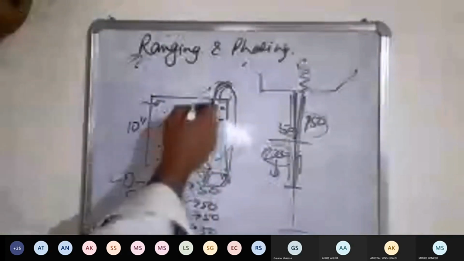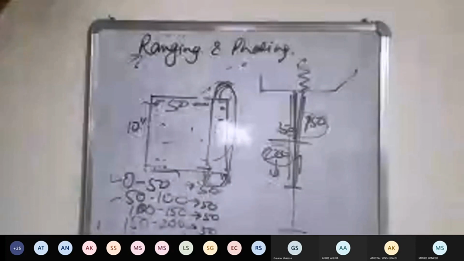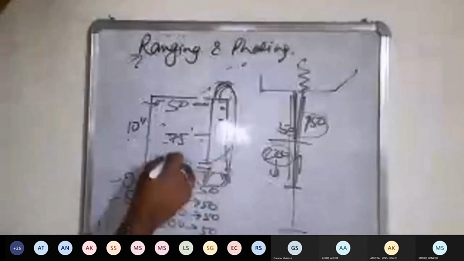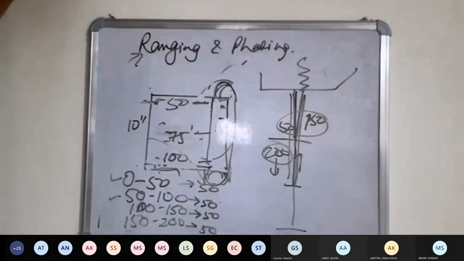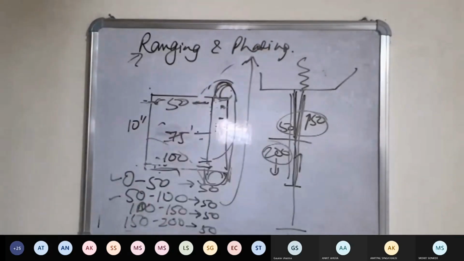But in the second range, the marking will come at this 50 meters. Here it is 75 meters. Here it is 100 meters. This happens when we do the phasing. But how will this happen? How do we do this?